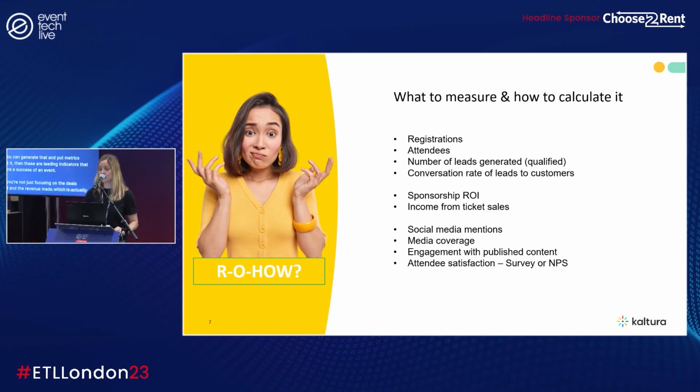So some of the good leading indicators for tracking are things like engagement with the content that you've put out there just after an event, or the engagement that you've had and the amount of conversations that were going on during the event. Or looking at things like how many mentions you get on social media during and after event. And then, of course, there's post-event surveys to get the feedback and NPS scores. So these are all really good ones to consider for the impact score, and they're leading indicators, not lagging indicators.